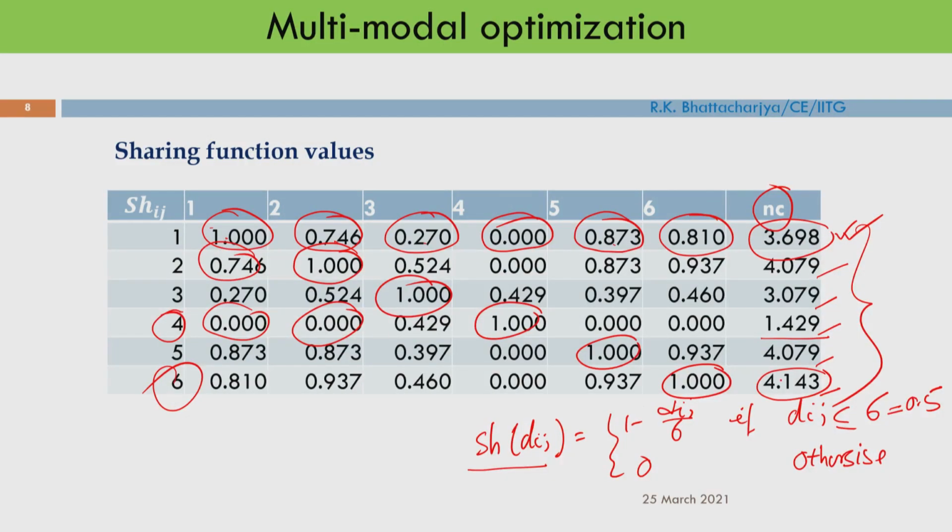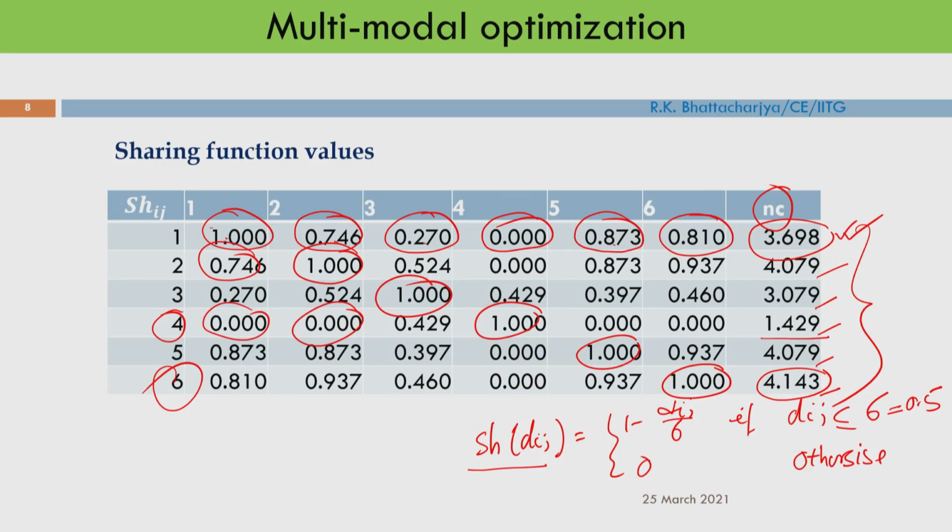So, looking at the niche count, you can tell whether a particular solution is crowded or not. If the niche count value is 1, certainly you can say that is not a crowded solution, as there is no solution near to it, and if the value is large, you can tell that it is a crowded solution.